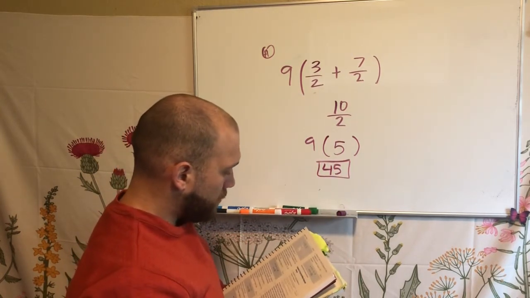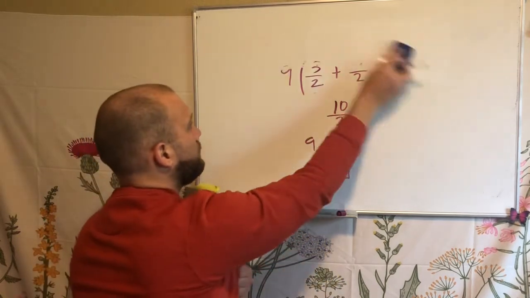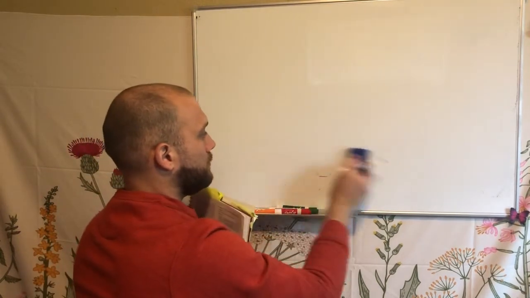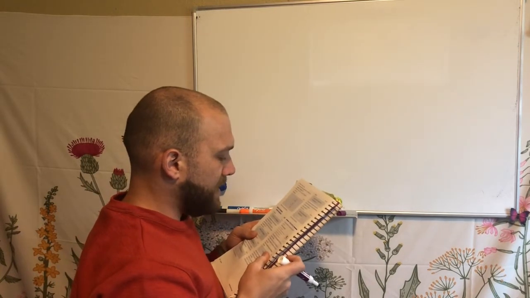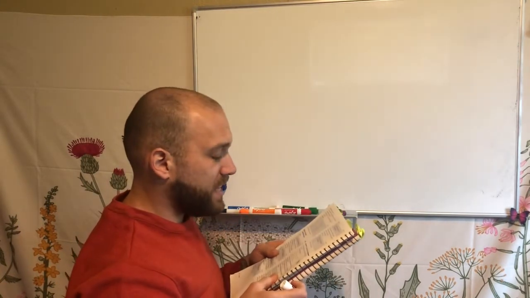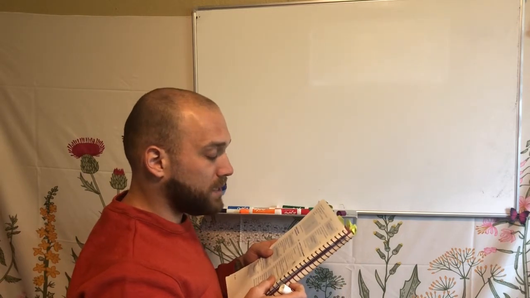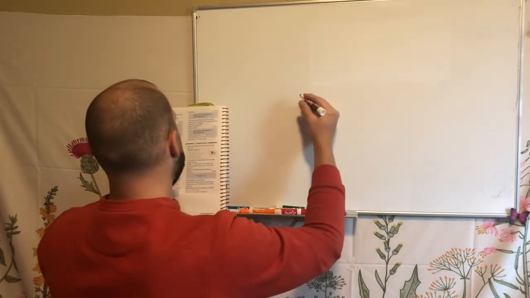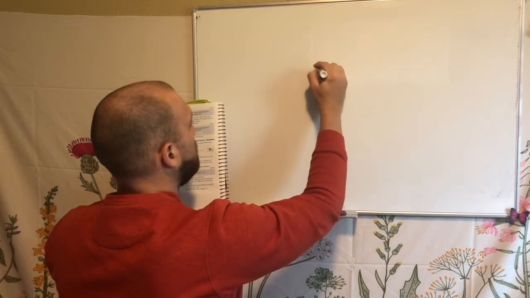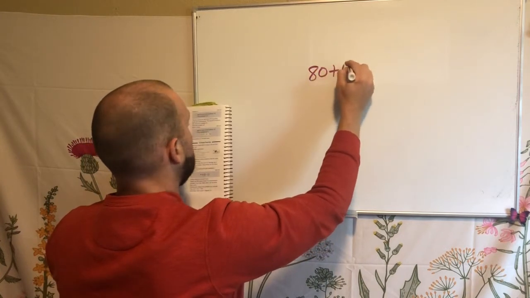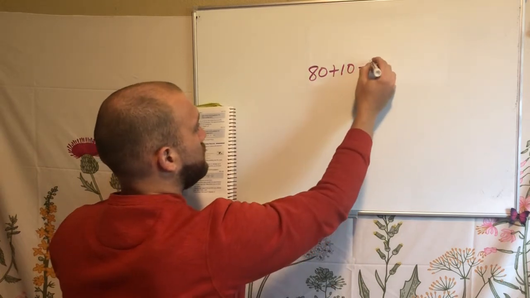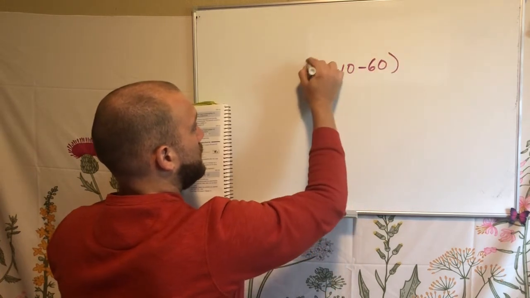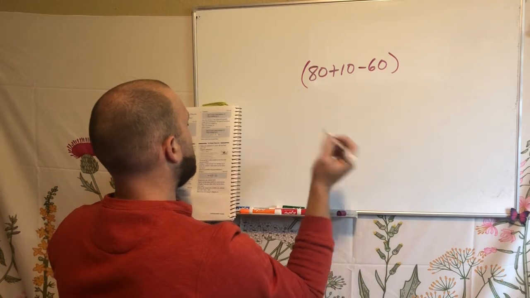So, problem B. Add 80 and 10, subtract 60. Then multiply the quantity by 2.